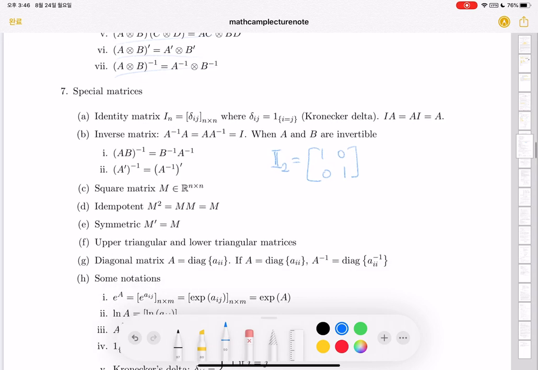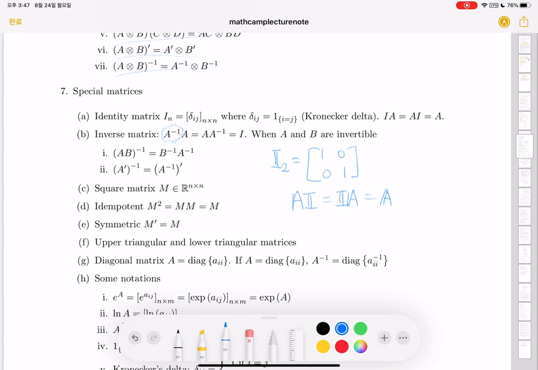Okay, you can see that when you multiply a matrix A by the identity matrix, it gives you the matrix A itself. Inverse matrix: an inverse matrix is denoted by A to the power minus 1 and is called the inverse.